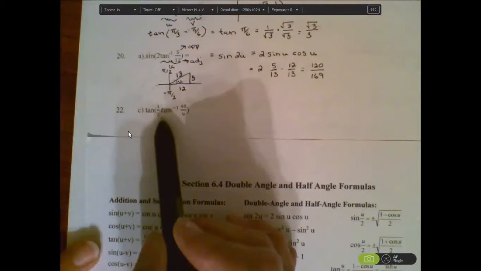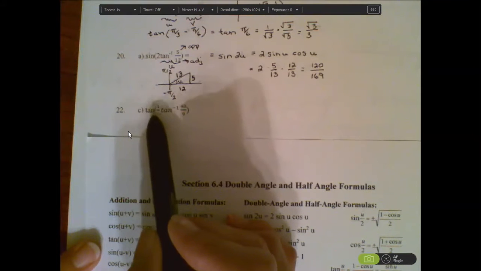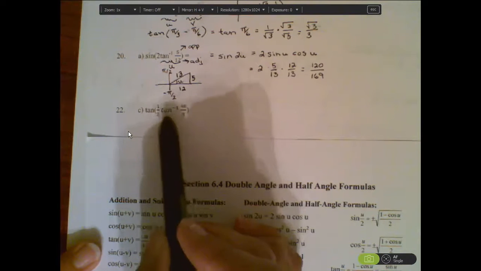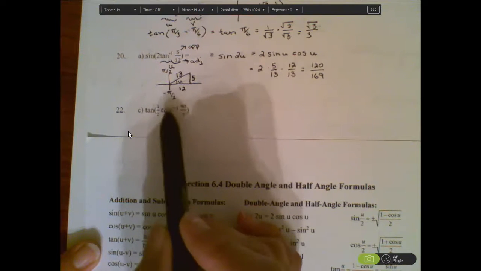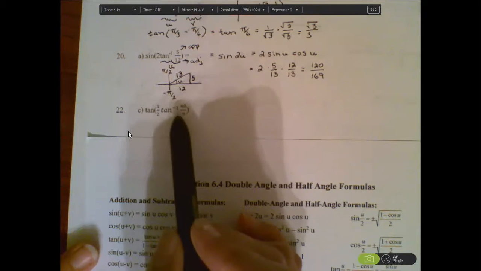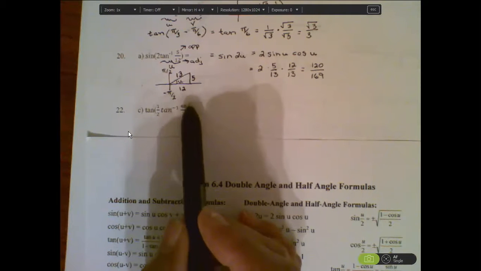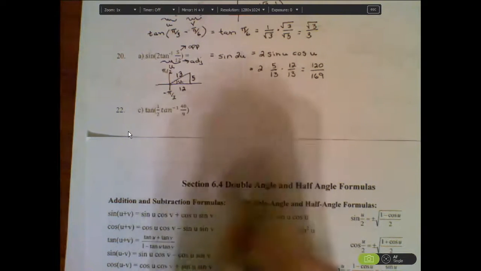All right, that looks like tangent of 1/2 of some angle, and it's some angle that I don't have memorized on the unit circle because none of my x's or y's have 40s or 9s in them.